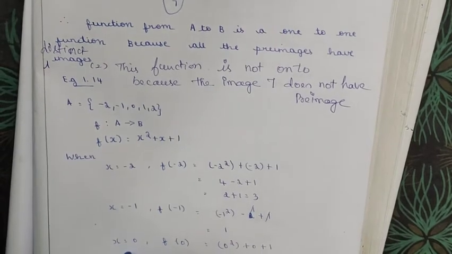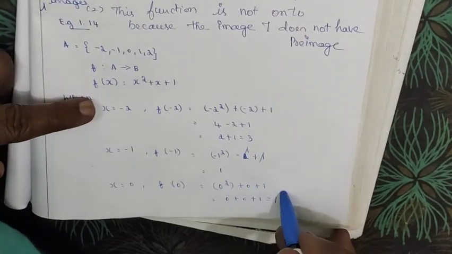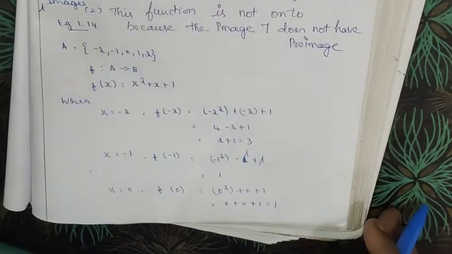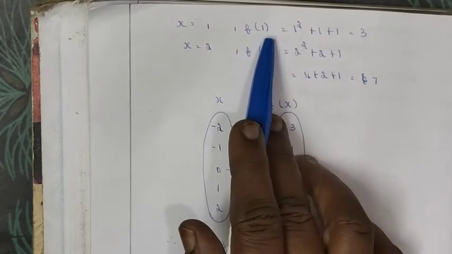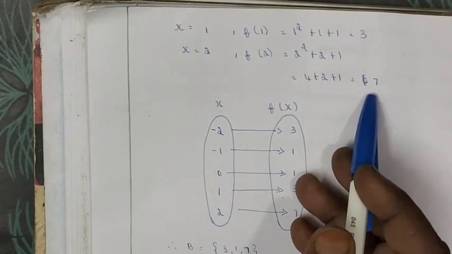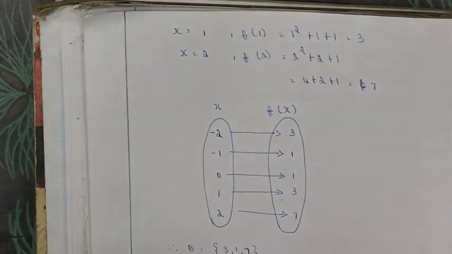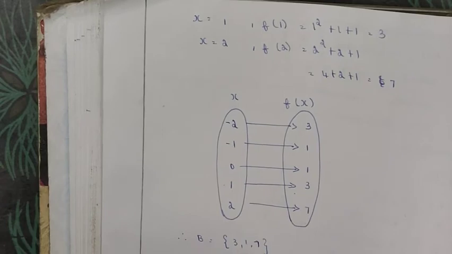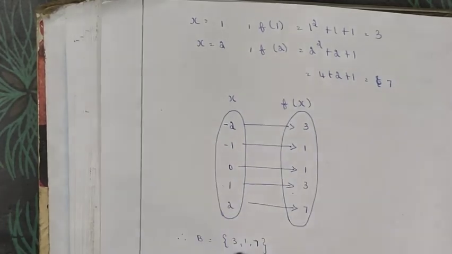Now when x equal to 0, 0 square plus 0 plus 1, that is 1. When x equal to 1, f of 1 is 3. When x equal to 2, f of 2 is 7. So now you could have observed that 3, 1, 7 are repeating. So range of f is {3, 1, 7}.